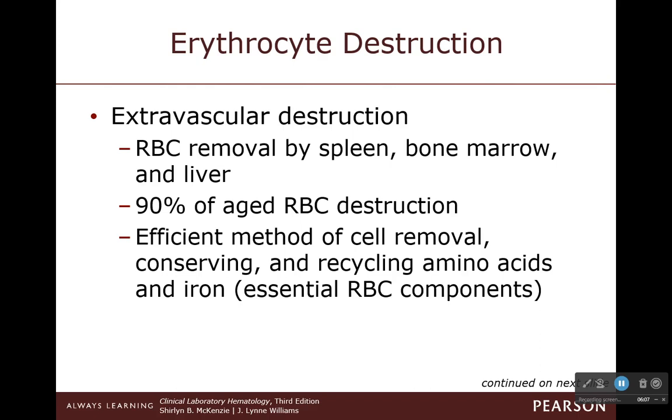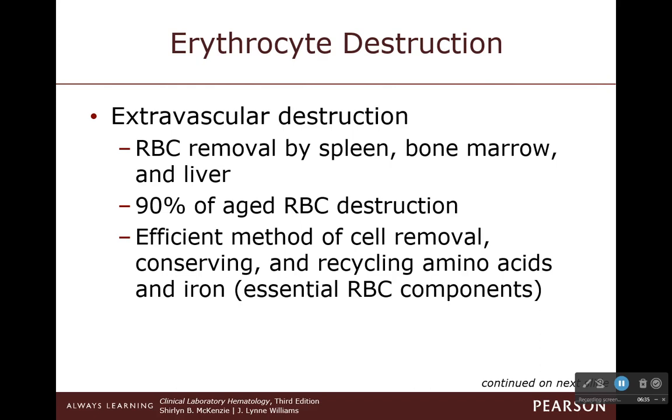So essentially where extramedullary hematopoiesis occurs, remember, spleen and liver and the thymus, okay? Part of the spleen and the liver are also part of extravascular hemolysis or destruction, okay? Extravascular hemolysis is also a term that can be used because we're going to hemolyze those red blood cells.